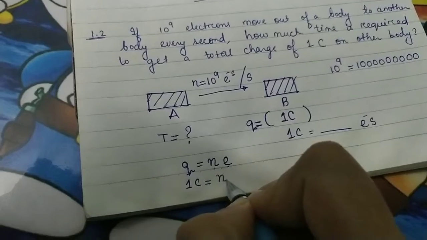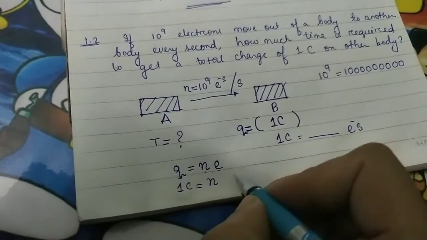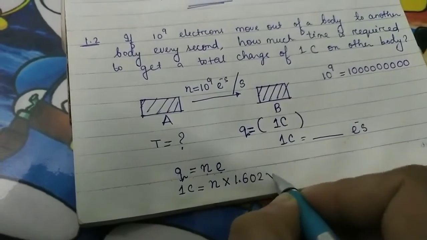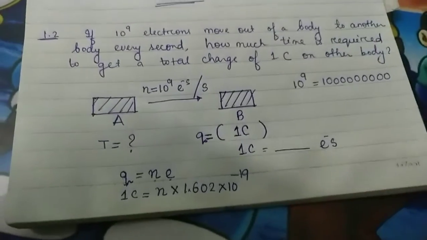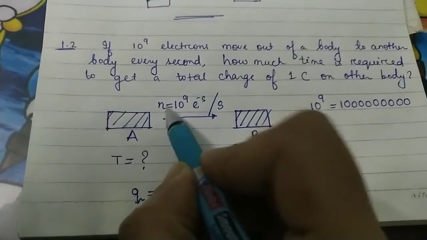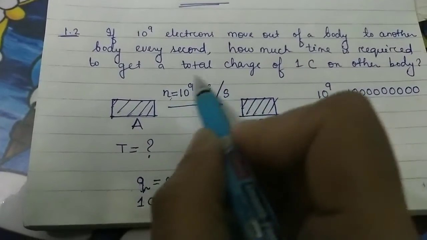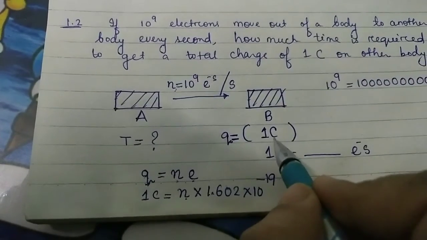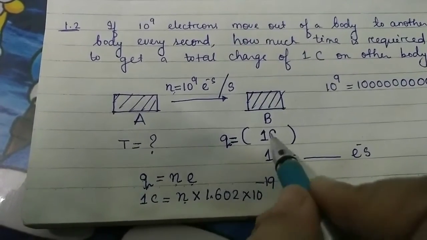E is the electronic charge, 1.602 into 10 to the power minus 19. Student, don't be confused. The earlier N is 10 to the power 9 electrons per second moving from here to here, and this N is how many electrons are there in 1 coulomb of charge. Now I'll find how many electrons are there in 1 coulomb of charge.